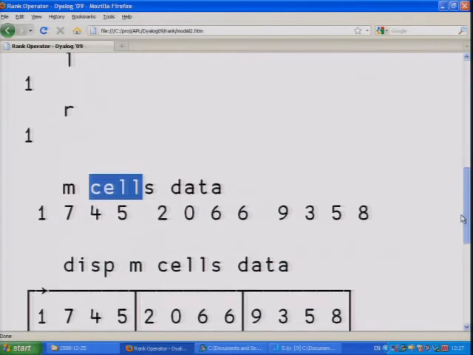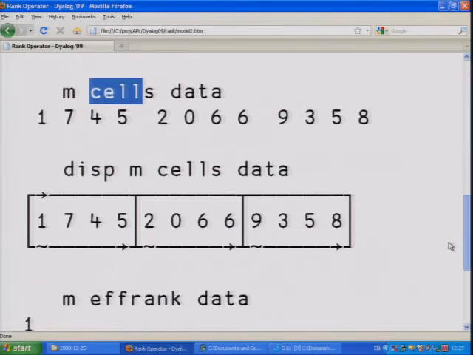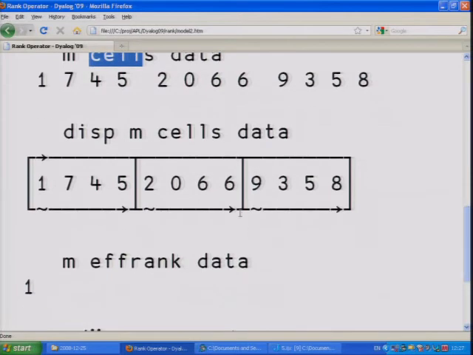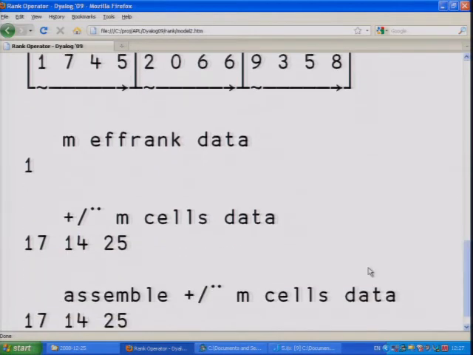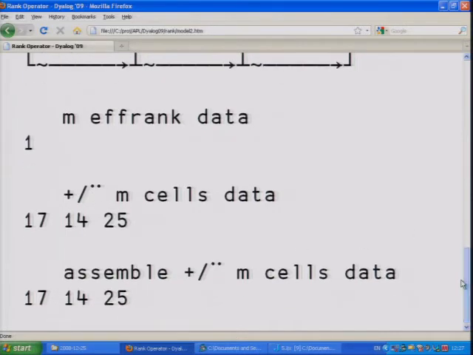To see that more clearly, use the disp function. So these are the argument cells relative to that rank. Inside of cells, it computes an effective rank, and in this case, it's the same as M, rank 1. And then to apply the function in the model, it uses summation each on the cells, and then assembles the result. In this case, assemble doesn't have much to do, but in other cases, it could be doing lots of things.